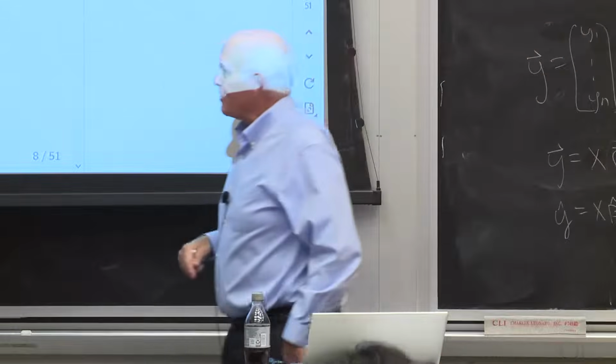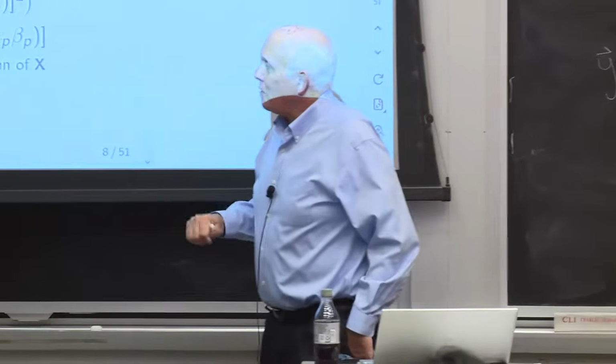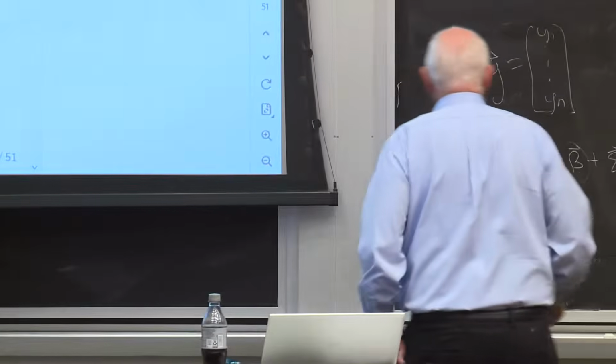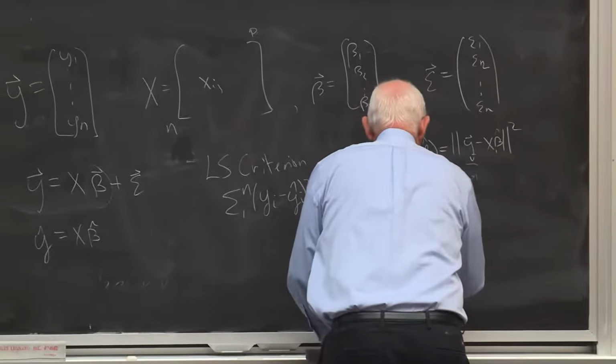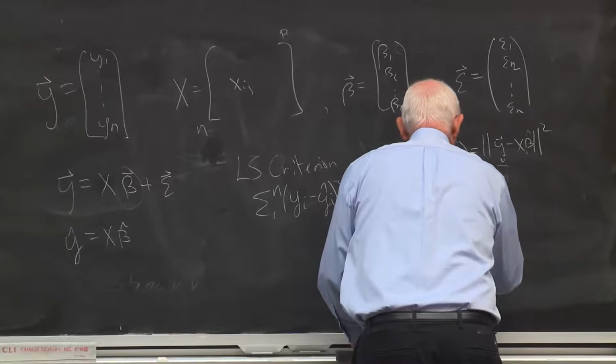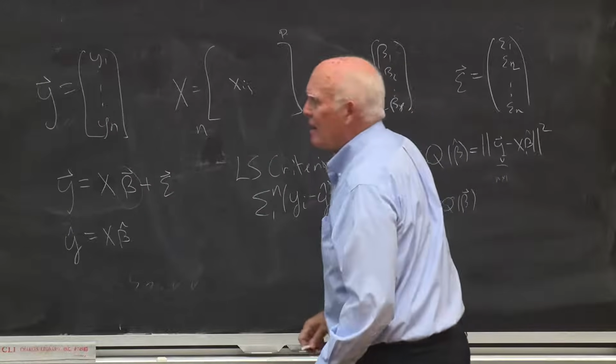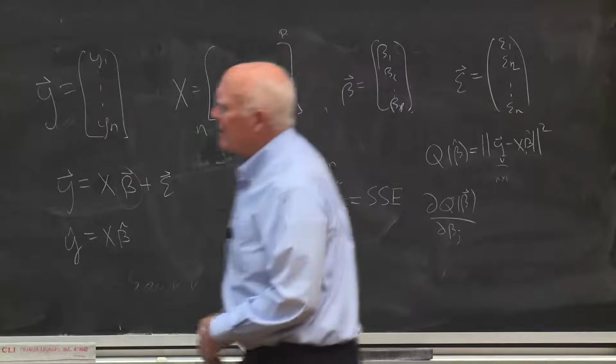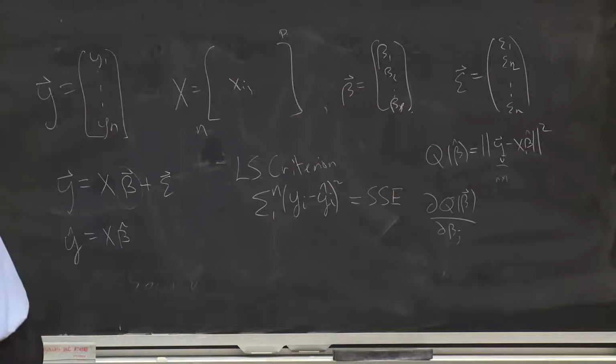And so the first derivative will solve that. Now, this is the first derivative equation. If we were to look at dq of beta by d beta j, let's see, is that beta j?